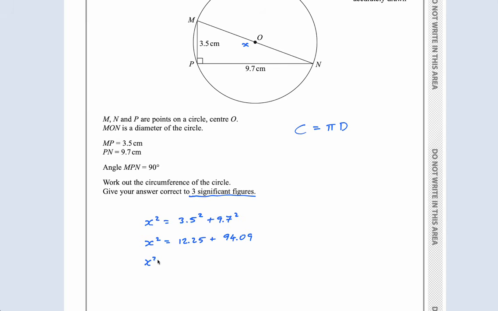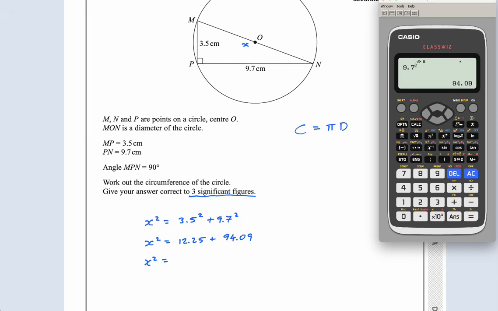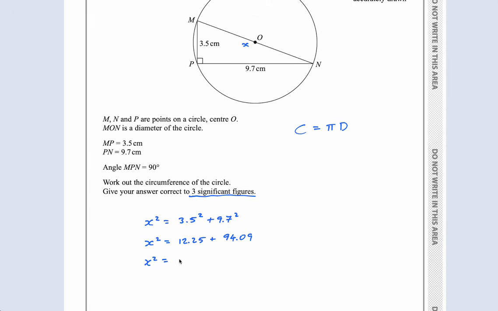X squared is then this plus this, plus 12.25. 106.34.